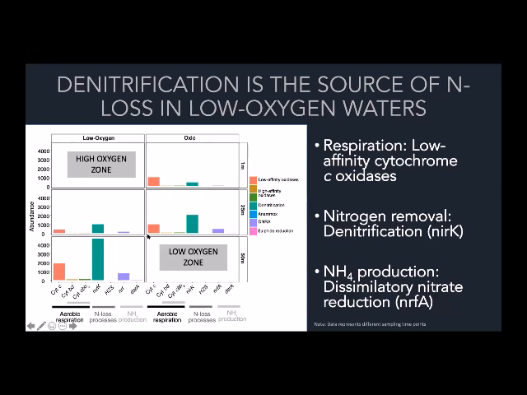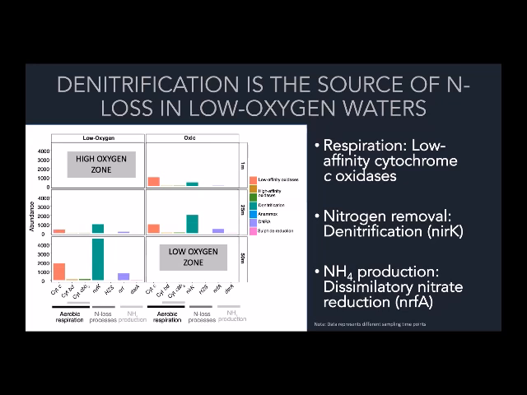And so when we look at respiration, we're seeing in red here that throughout our water column, instead of microaerobic respiration that sometimes happens in low oxygen waters, it's just using low affinity cytochrome C oxidases for respiration. When we look at nitrogen loss processes, instead of anammox, where I'm finding hardly anything, no genes associated with anammox, it's denitrification that's the source of nitrogen loss in our low oxygen waters.